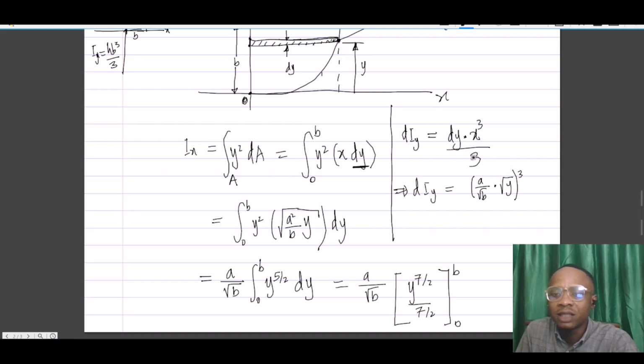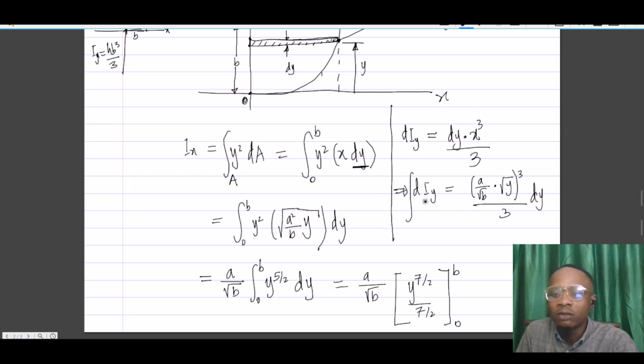We have replaced x by this expression, since we know that on the curve x is equal to this. So a over root b, then root y, then everything raised to the power of 3, divided by 3, then dy.